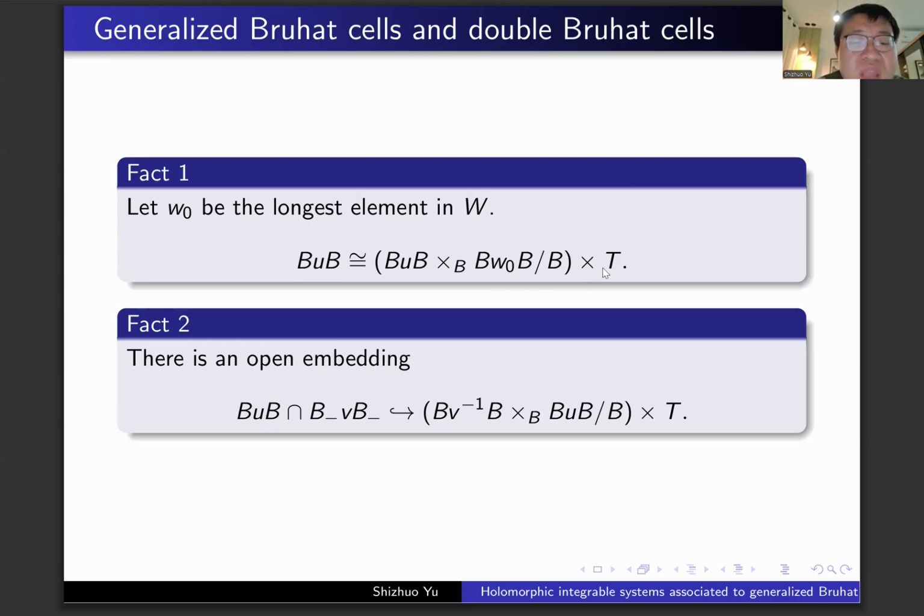And the double Bruhat cell we introduced just now can also be identified as an open subset of the generalized Bruhat cell crossed with some torus T. Actually, these are open embeddings from the double Bruhat cells into the generalized Bruhat cell O^{(v inverse, u)} times T.